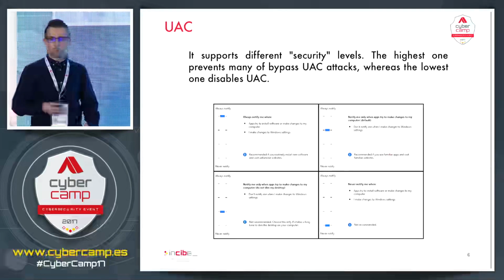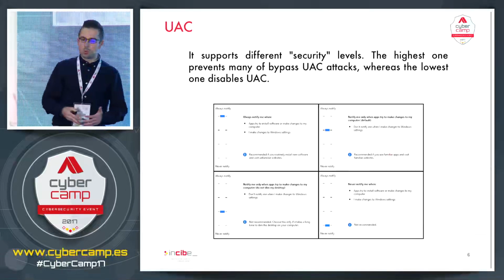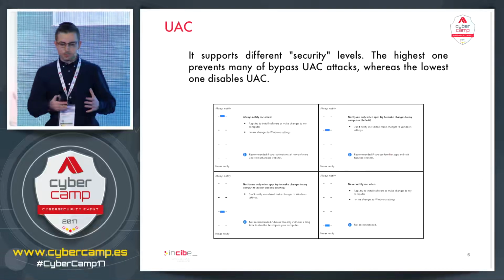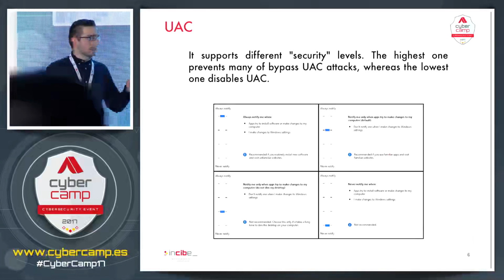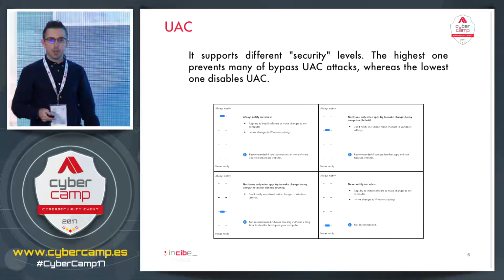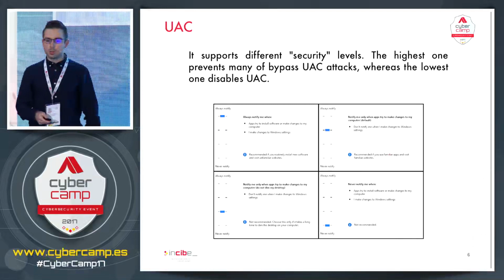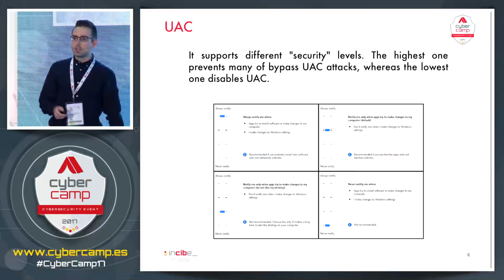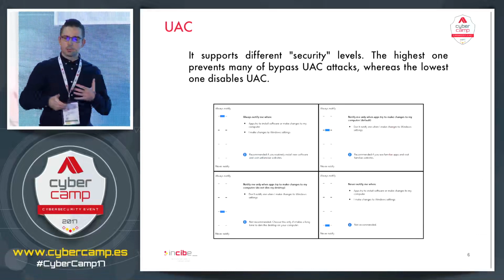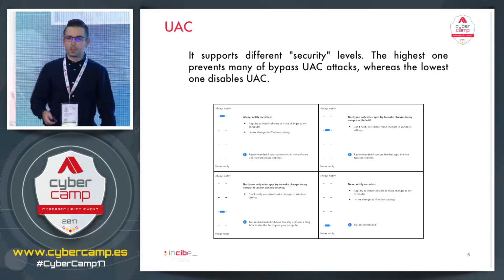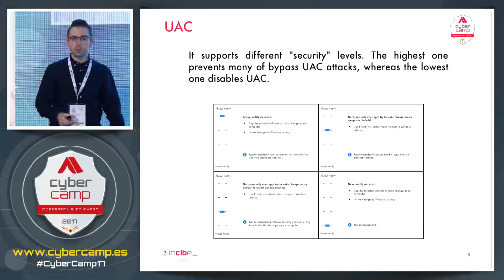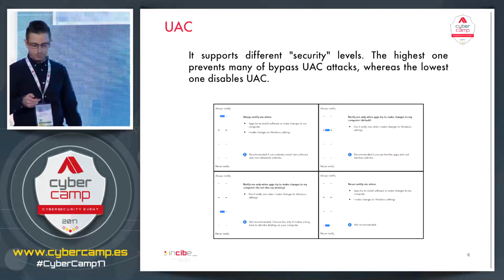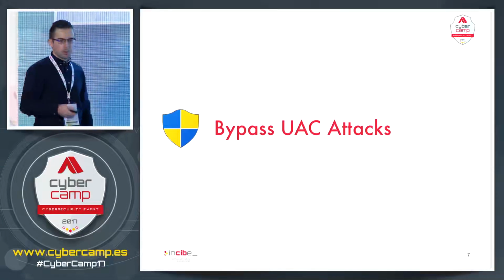The next level, the default level, is pretty similar, but several applications which are in a so-called safe directory and have the auto-elevate characteristic activated won't need it. The next level is exactly the same as the former one, and when an application needs permission, the brightness of the screen will dim down.